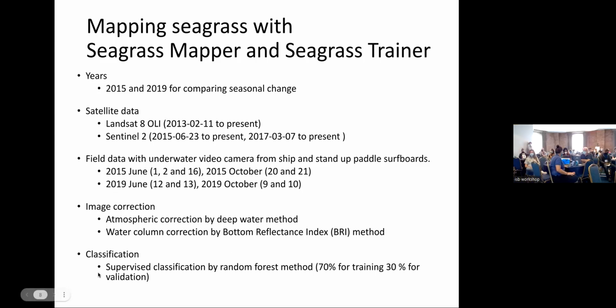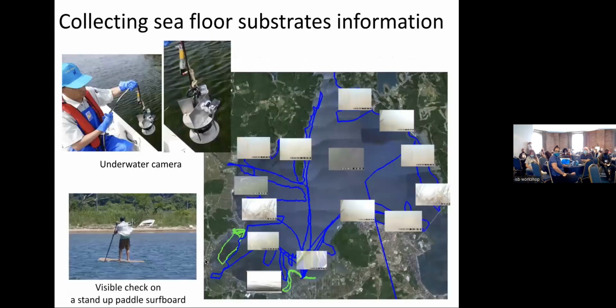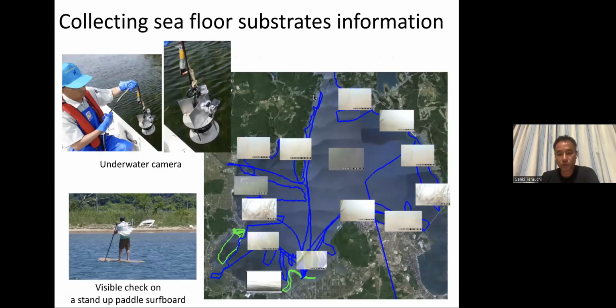For classification, I used supervised classification by the random forest method. 70% of the field data was used for training, and the remaining 30% was used for validation. So these are the images of how we get the seafloor information. These blue tracks come from the ship, and there are more than 100 stations where we deployed underwater video cameras.